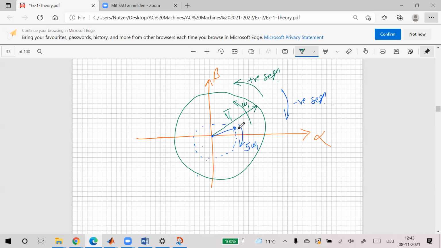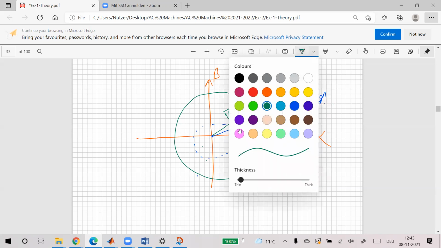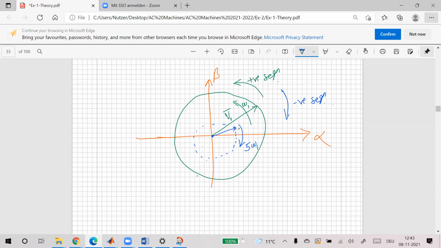You want to see the relative speed of these two. This is V5 basically. Now our V vector is the vector summation of these two vectors, because we have the first order harmonics and the fifth order harmonics.